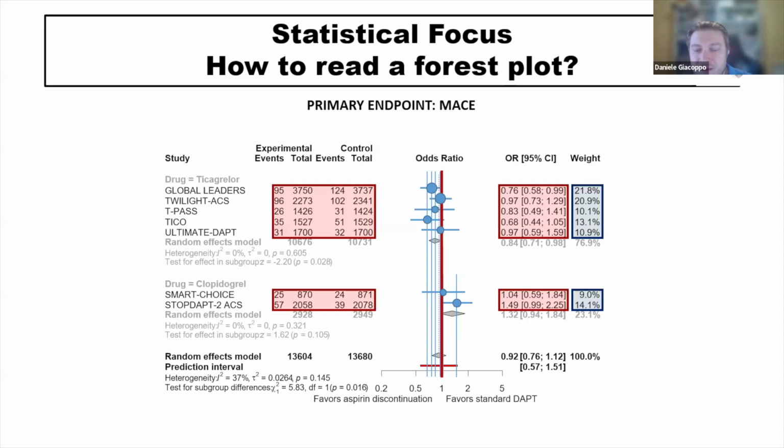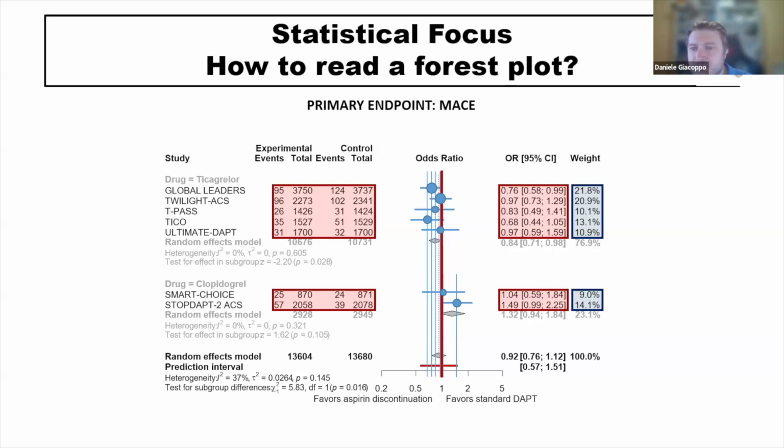Effects whose 95% confidence interval does not cross the null line are significant, denoted with a p-value below 0.05. And all those horizontal lines whose 95% confidence interval crosses the null line, the red line, are, in other words, not significant.